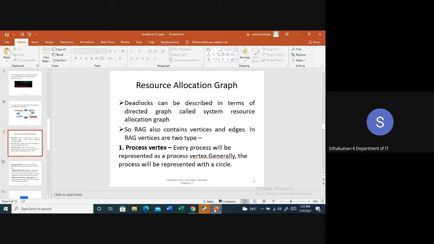There are two types of vertices: one is the process vertex and the other is the resource vertex. Every process is represented as a process vertex, and generally we represent this with a circle.